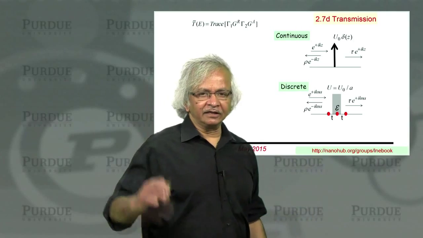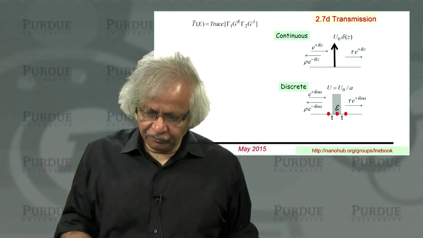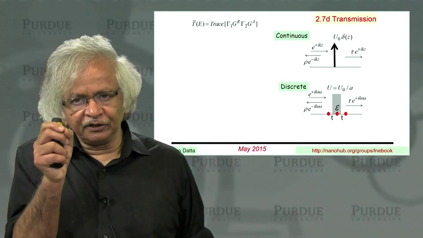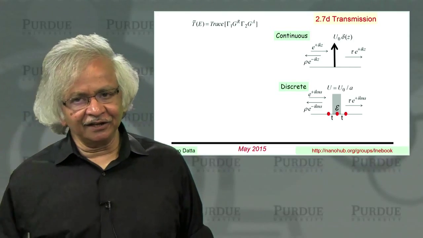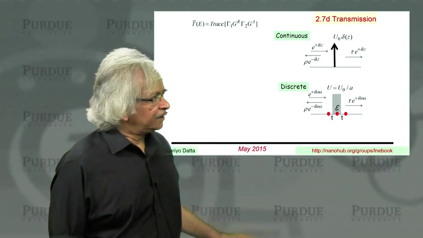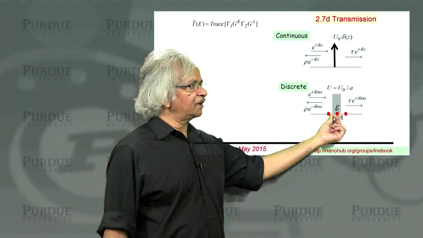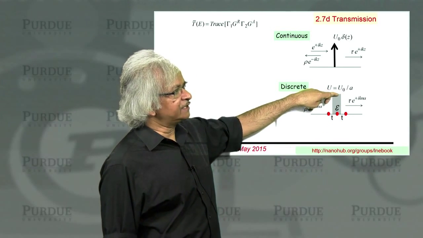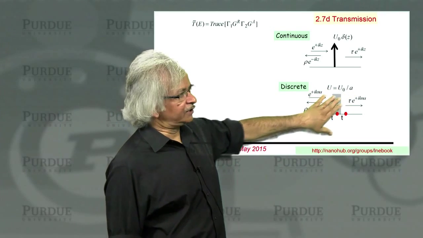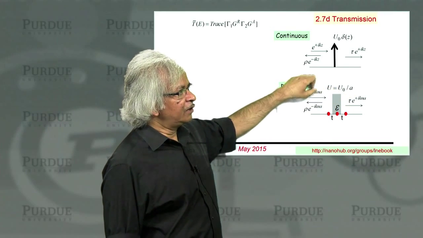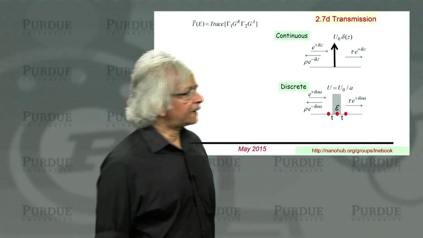And the definition of a delta function is something that's infinitely tall but also infinitely thin, such that the area under the curve is 1. In a discrete lattice, of course, the thinnest you can get is a. So in order to have an area of 1, the height needs to be u0 over a, so that the area under the curve would be equal to 1.